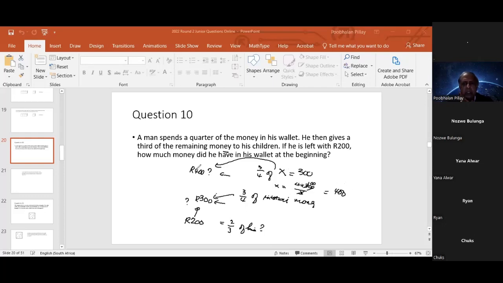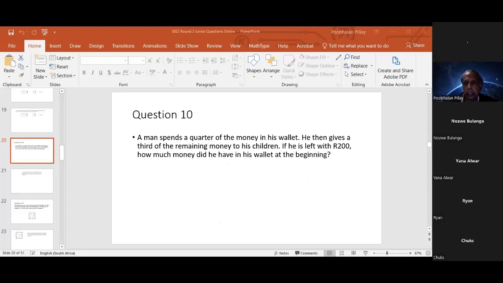But as I said, you can do this problem mentally, because you want 2/3 to be 200, 3/4 to be 300. So the answer to the question is 400. All right, so that's question 10.